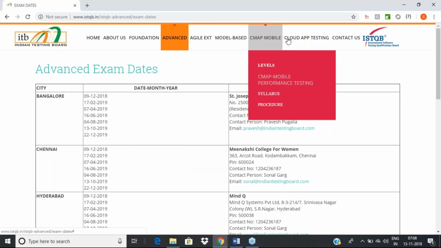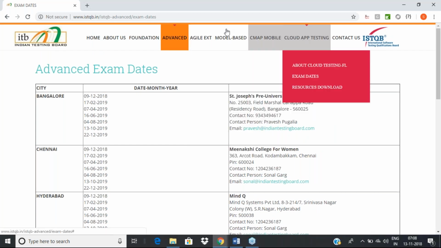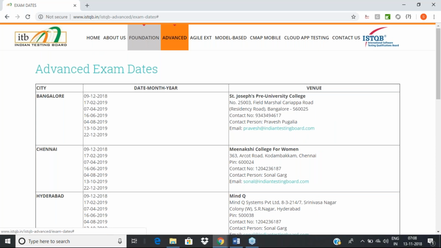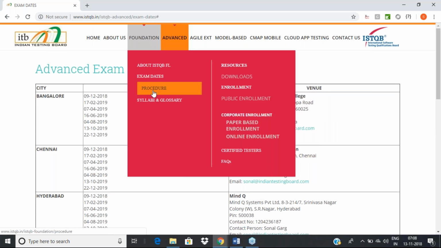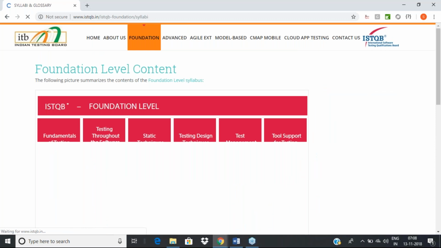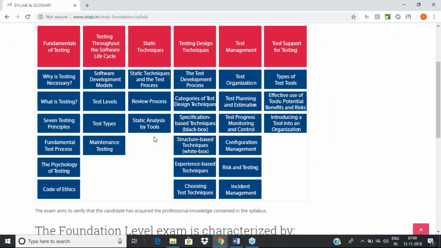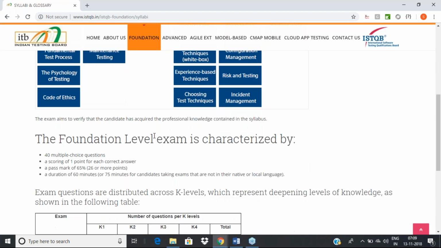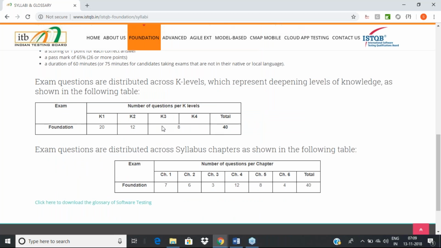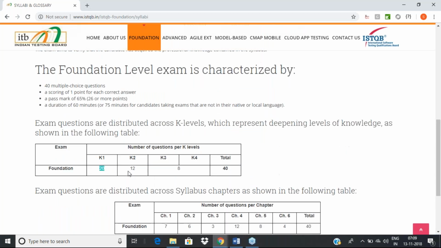And the fees, basically, you can find it somewhere. This is the old syllabus. Don't follow this. I'll show you the latest syllabus. Yeah, somebody was asking for these, right? So you'll get K1 20 questions, K2 12 questions, K3 and K4 together you will get 8 questions. But again, this is as per the 2011 syllabus.